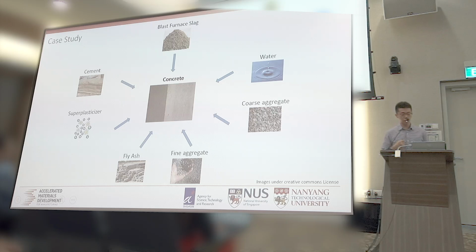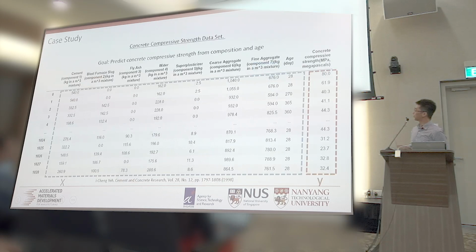So these have to be mixed in the right proportions in order to give the right kind of materials that you use to build things, right? So in this case, all these, you can think of it as x, and certain properties of the concrete is y. And the first step is we collect a data set. So here we're going to use an experimental data set that's openly available online that links this relationship.